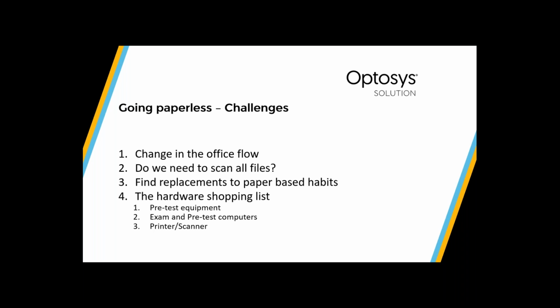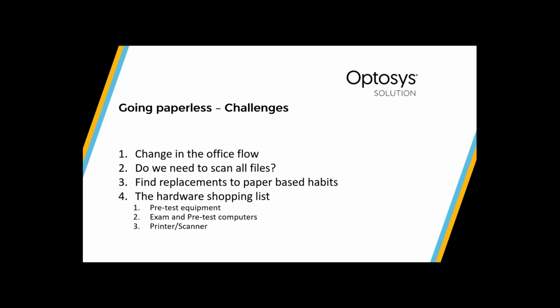And then there's the hardware shopping list. What I mean by that is that it changes the flow, but it also changes the tools that we'll need to use every day. For example, the first one is the pre-test equipment. Here I should also mention the cables, by the way. You might have no pre-test equipment compatible with Optosys. You might have some or all of it, but even if it's compatible, you might need a cable to connect that pre-test equipment to the exam.